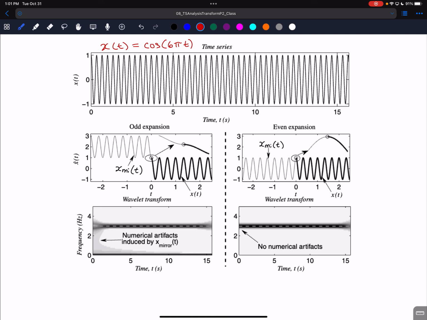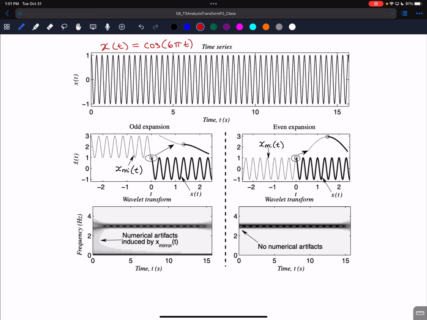If we use an odd expansion, you end up with additional numerical artifacts at the beginning that are even worse than what you have at the end. And if you use this even mirroring, you get no numerical artifacts there either.